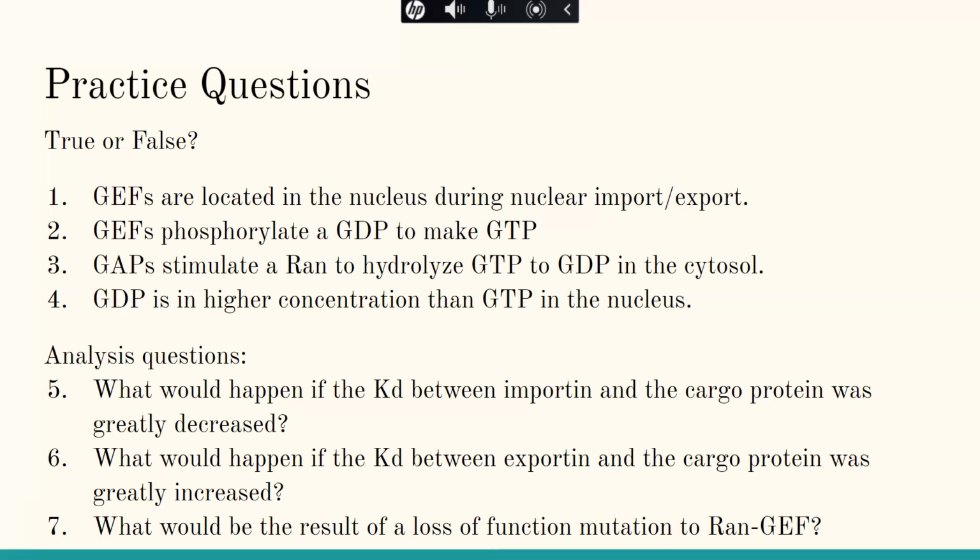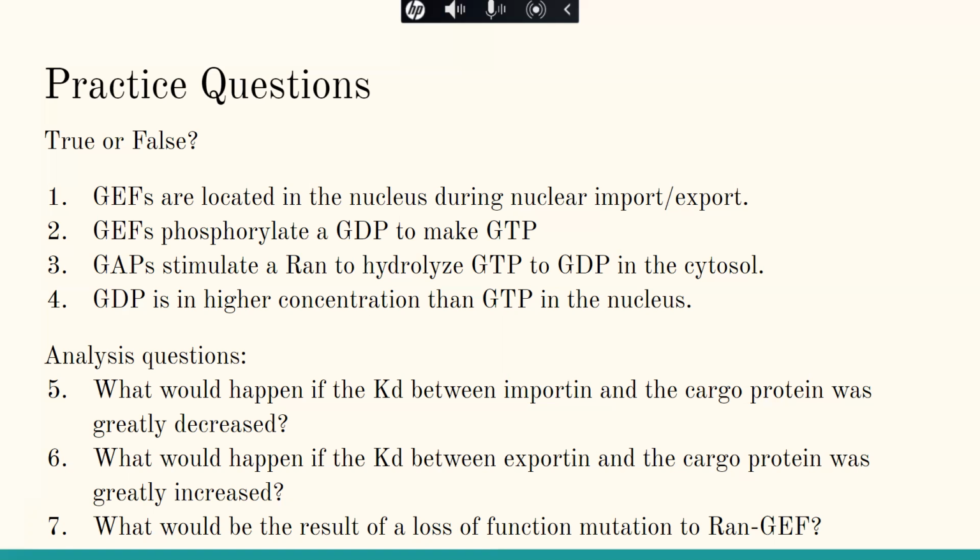Yeah, no problem. And then 6 is the opposite. What would happen if the KD between exportin and the cargo protein was greatly increased? So the KD was decreased, affinity would increase. So it would be the opposite. Sorry, I'm just looking at it. No, you're totally fine.